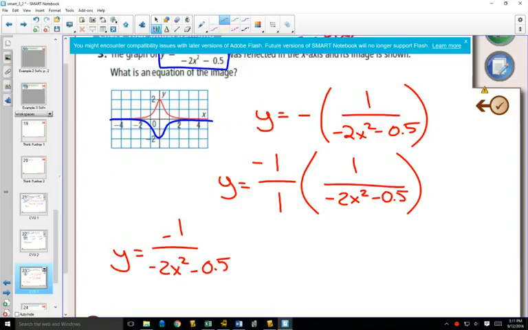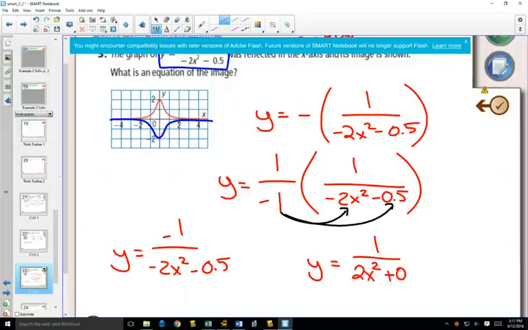But if you thought about putting that negative on the bottom and you multiplied it through, now this negative 1 gets multiplied by all of the bottom. So it will get distributed to both of those, and you'll get 1 over positive 2x squared plus 0.5.